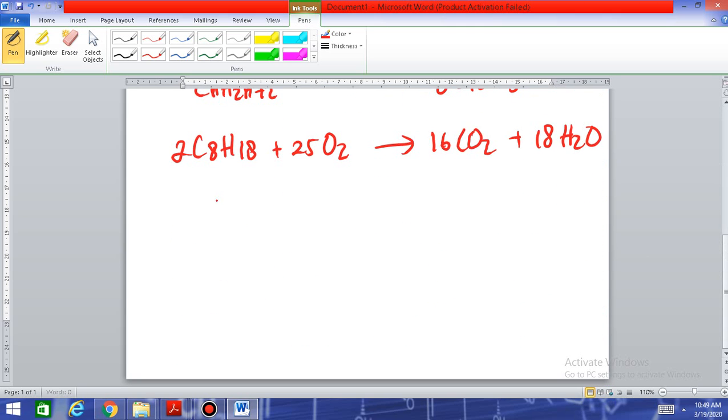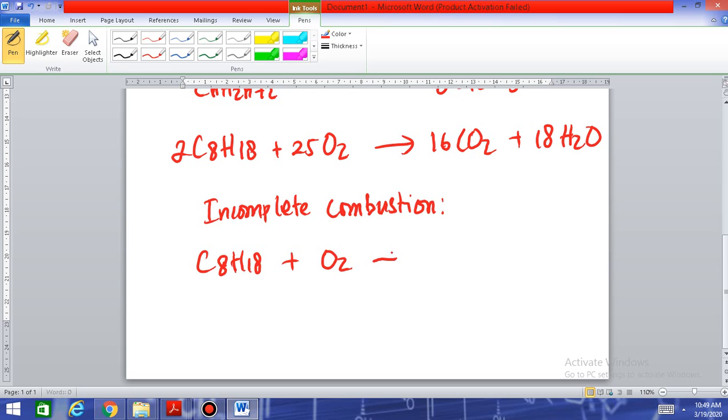Okay, next for incomplete combustion. I use the same alkane for example. Octane reacts with oxygen to produce carbon monoxide and water.